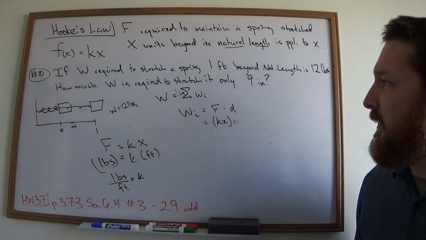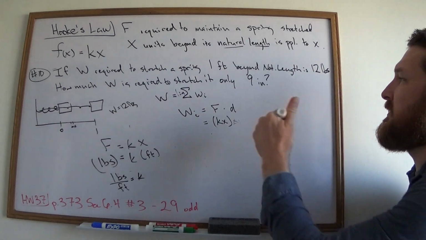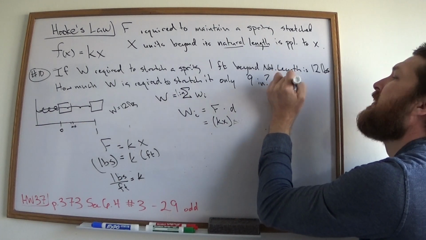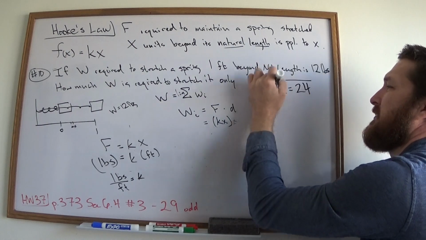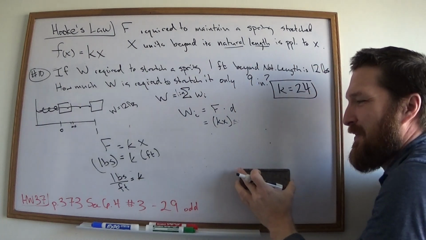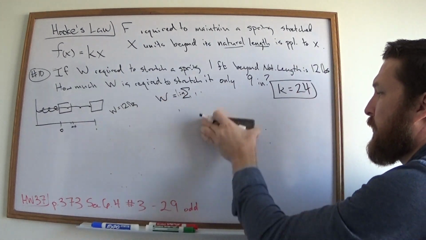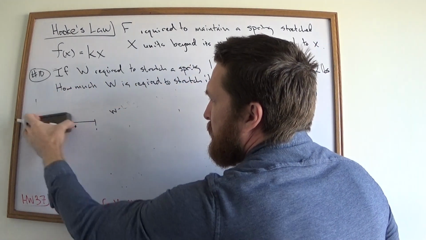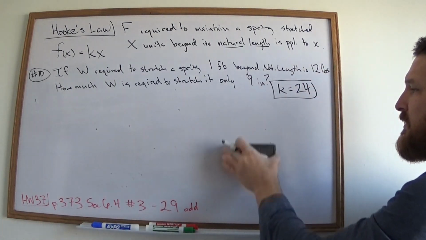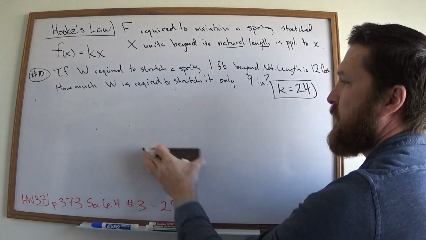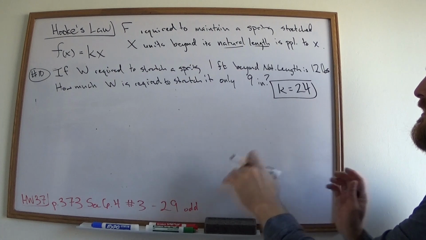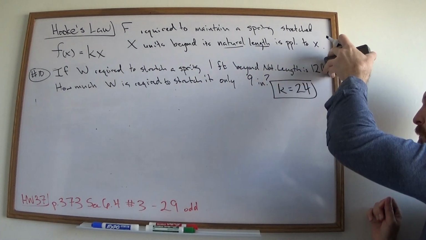Okay, where were we? We found the spring constant. We said that k is 24 whatevers, and really, I don't care. Pounds per foot, whatever. All right, now let's get to the actual problem. So now we want to know how much work is required. You can think about this as a completely different problem.